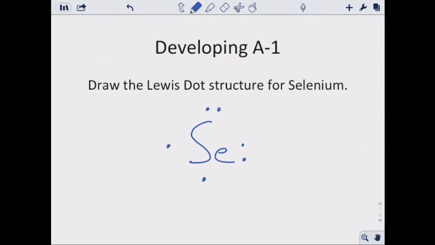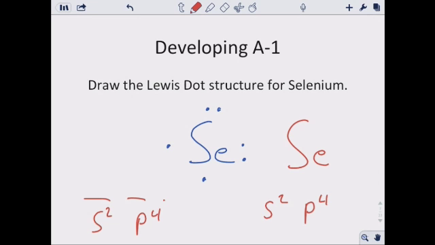If we're being more specific, we can look at selenium. Since it's going to have 6 valence electrons, it will end with an s2 and then a p4. So if we're looking at an orbital notation of s2 p4, we have 1, 2, 3 for p. We'll have 1, 2, and then 1, 2, 3, and 4.